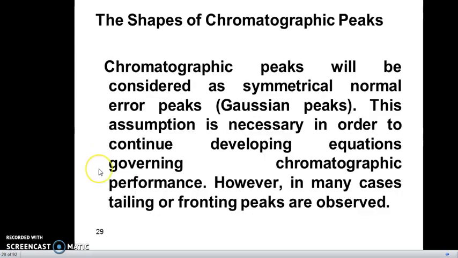Okay, so in this formula you can also find the selectivity factor, which is very important for the identification of a solute. Now we have also seen whether the shape of your peak is symmetrically normal or has an error. If an error comes in the normal peak, we call it a Gaussian peak.